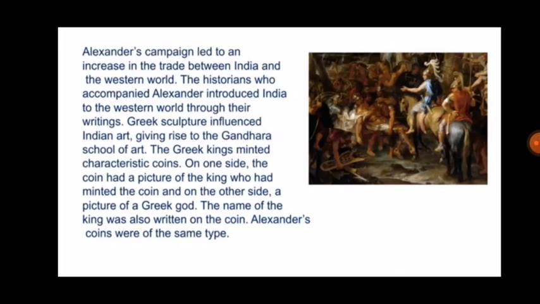The Greek kings minted characteristic coins, that means they made special coins. On one side the coin had a picture of the king who had minted the coin, and on the other side was the picture of a Greek god, because Alexander was from Greece.